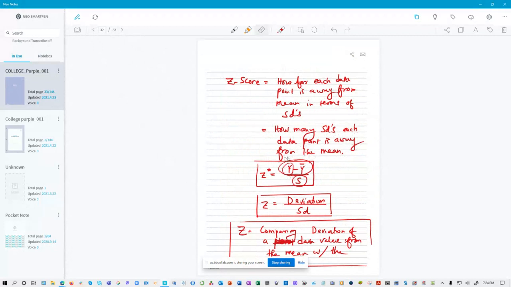It's deviation divided by standard deviation, a comparison between a deviation and the standard deviation, comparing the deviation of a data value from the mean with the standard deviation.